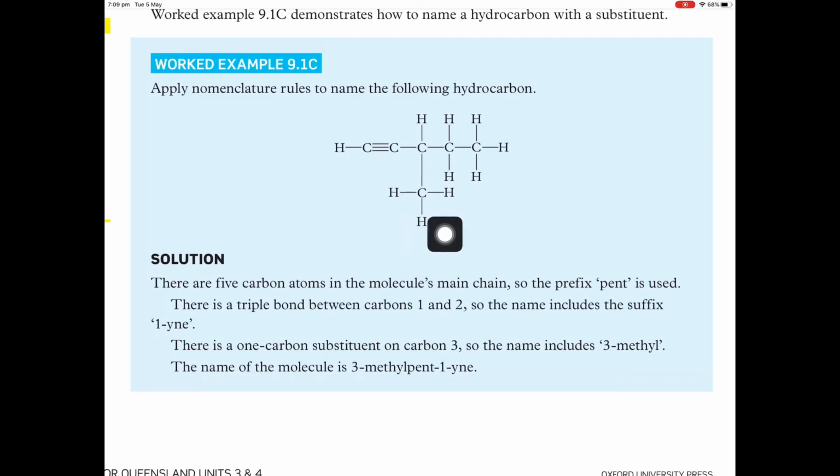And don't forget the general name of these types of molecules is alkanes, in this case alkyne, because it's got a triple bond, but if that triple bond was a single bond, it'd be an alkane. Alkene for a double bond. So the name of this molecule is, by the way, that methyl group is located on the first, second, third carbon along the main chain. So it'd be 3-methylpent-1-yne.